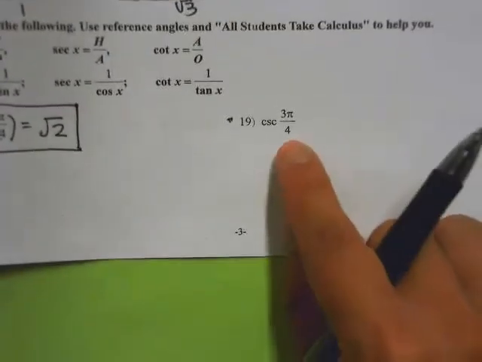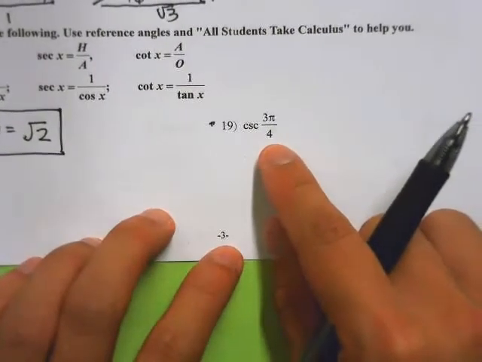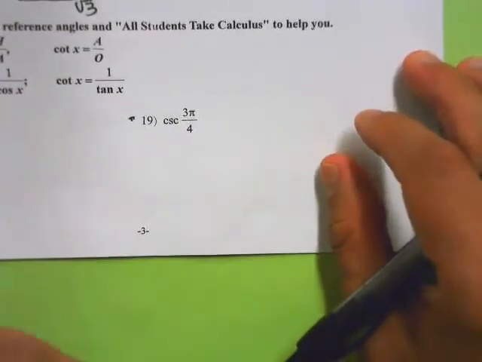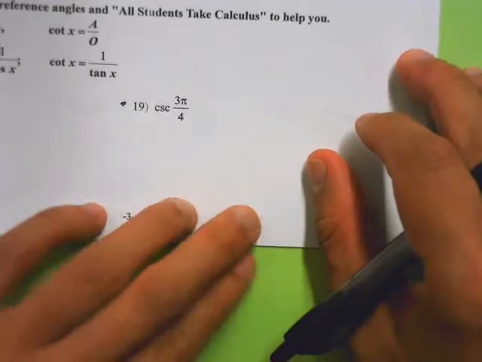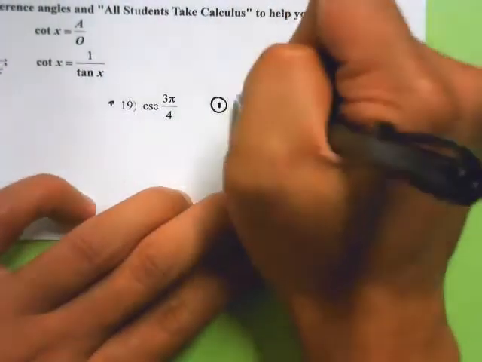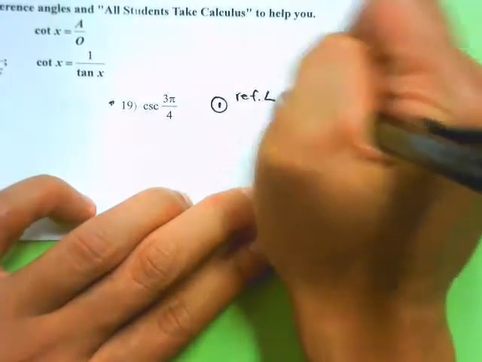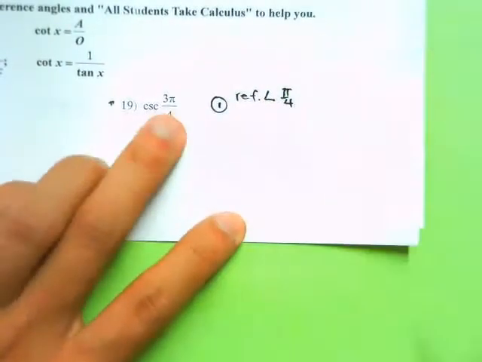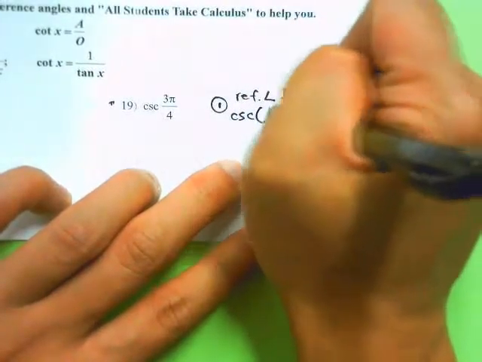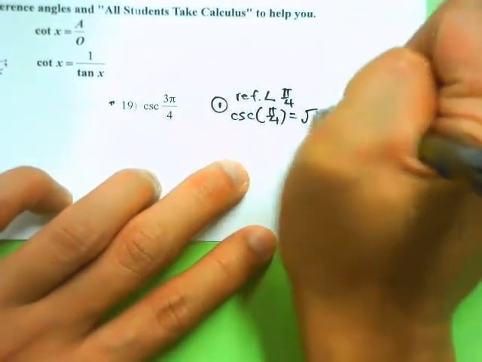Number 19, now we have this part, and I want to go back to the notes from the previous lesson because I want to write this one down. Okay, so step 1, I'm going to use my reference angle. Our reference angle was pi over 4 because this is all over 4. And we have already done the work. Cosecant of pi over 4 from number 18 was square root of 2.